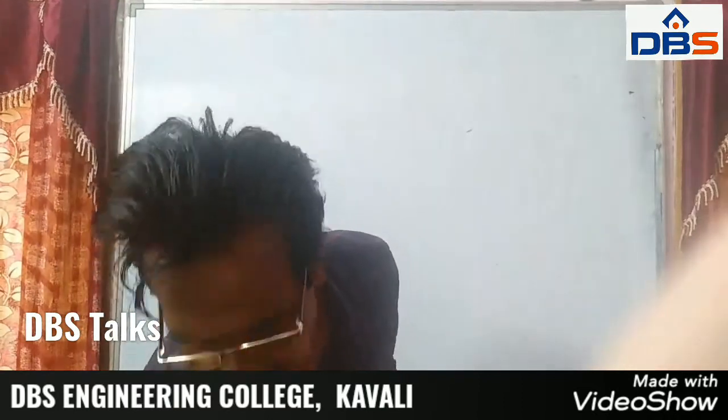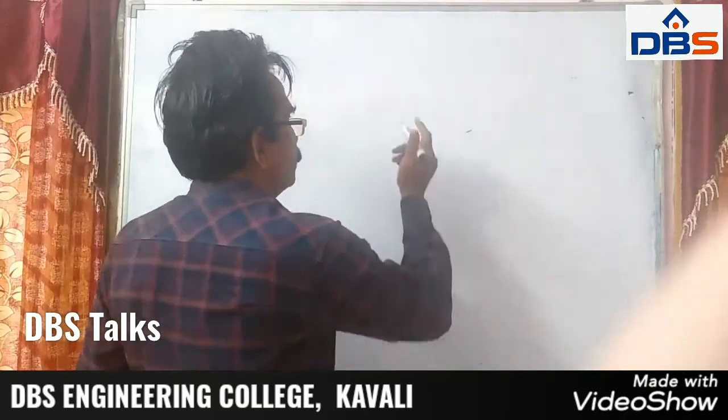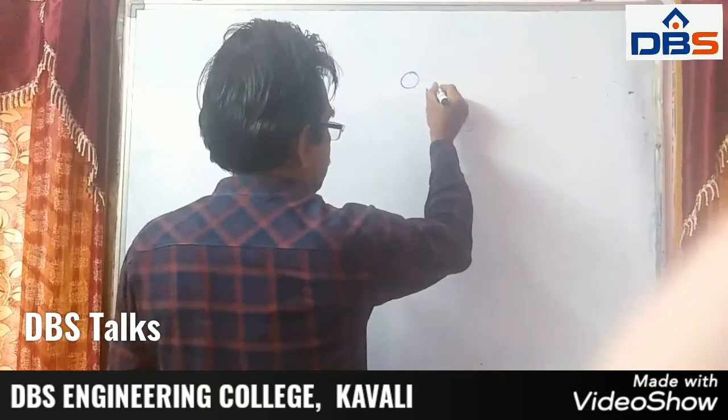The number of 5-digit numbers that are divisible by 6, which can be formed by choosing from the digits 0, 1, 2, 3, 4, 5. These are the given digits, friends.